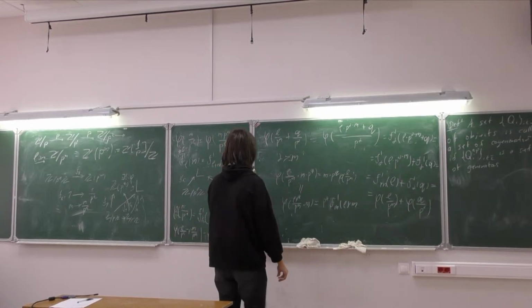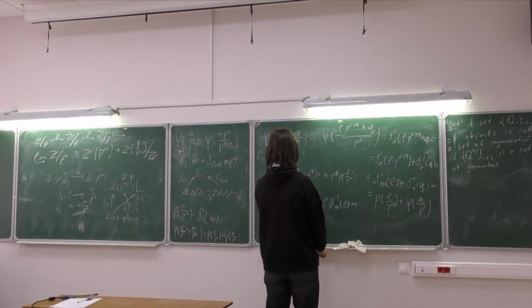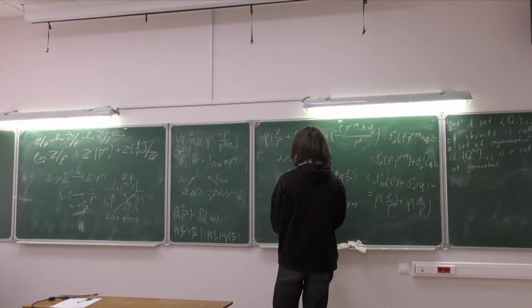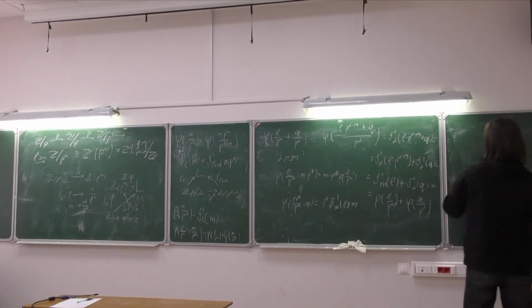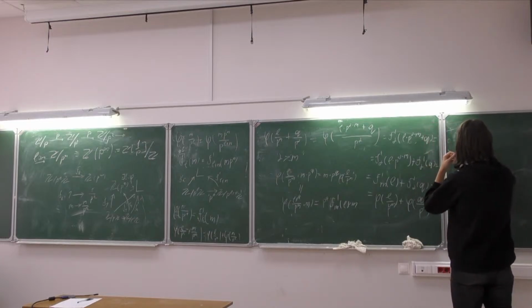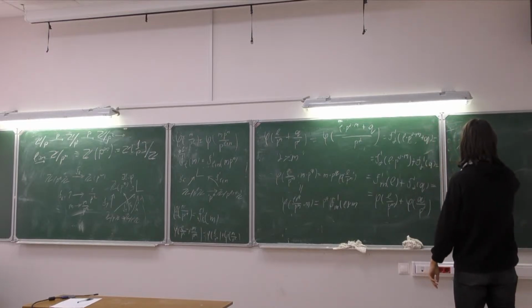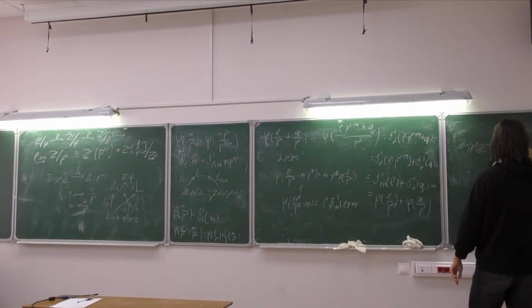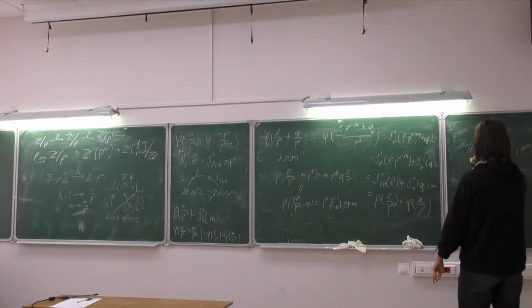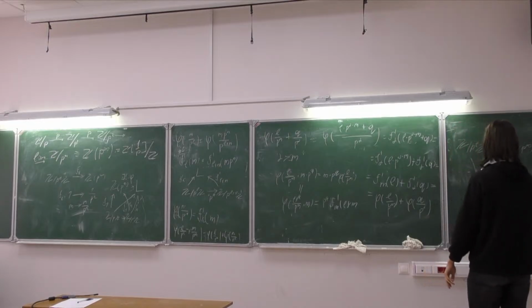And we have co-projection to our group, and we need to check that all these triangles commute. They are commutative because we defined phi this way.